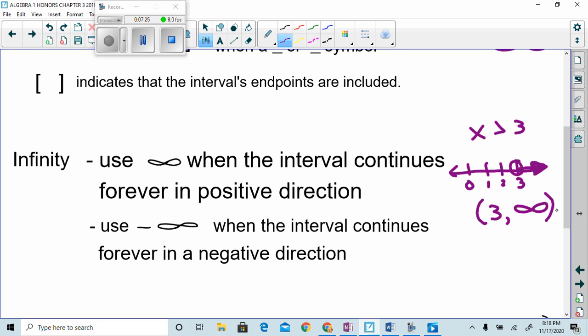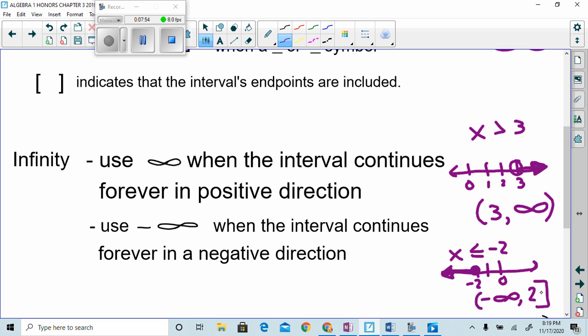Let's see a second problem. What if I had x was less than or equal to -2? Representing it on a number line, closed circle, and shading into negative infinity. So when I look at this, I have negative infinity, comma, -2, and a bracket.